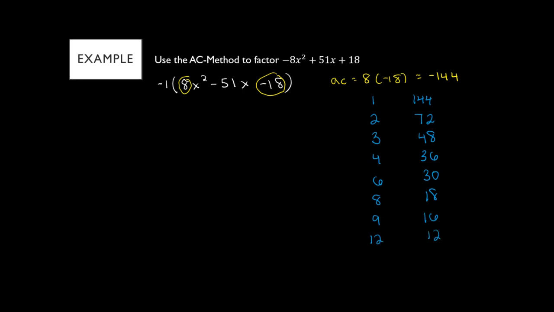So same list we had before. We're multiplying to a negative. The middle term is negative, so we need to make the big number negative. And now we're looking for the combination that will get us to negative 51.